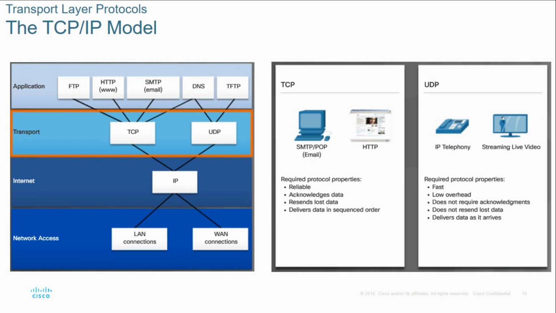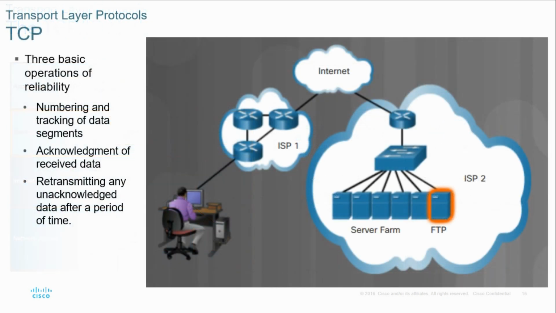the intended destination. If we try to look intently at the transport layer, you will see two types of protocols, the TCP and UDP. Let's discuss them one by one. As I mentioned earlier, TCP is responsible for ensuring the reliability of data transfer from source to destination.